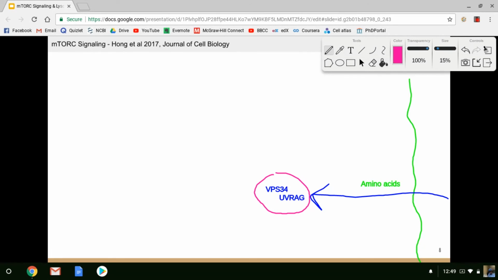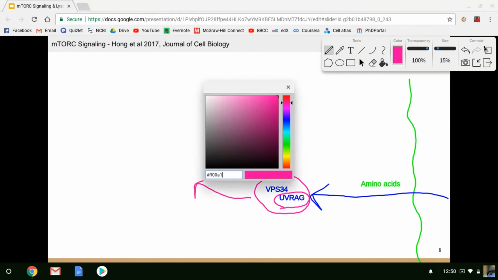So the authors had to deal with this conundrum where VPS34 was both critical for autophagy and mTORC activation, which are completely diametric processes. But anyways, the problem is probably due to UVRAG. The specific proteins are in complex with VPS34. Anyways, let's not get caught up on that. So VPS34 is activated by amino acids.